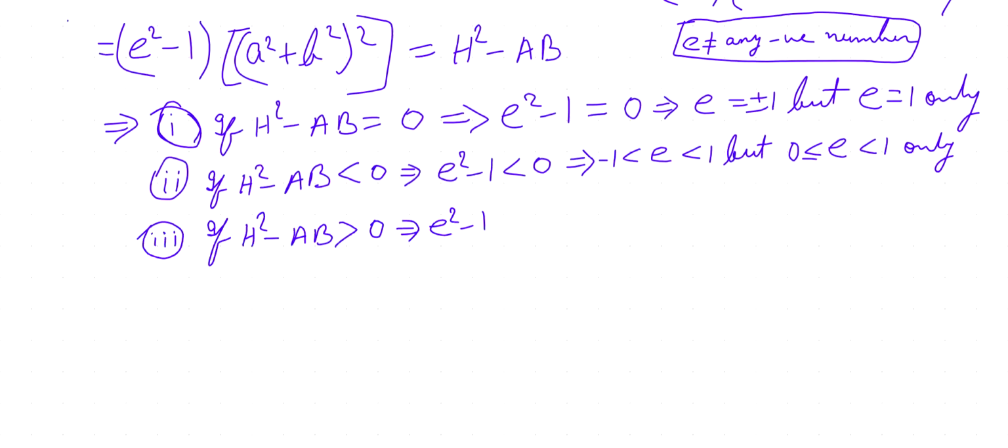This implies e is more than 1, or e is less than minus 1, but e more than 1 only, right? And we all know that e equals to 1 gives us parabola.